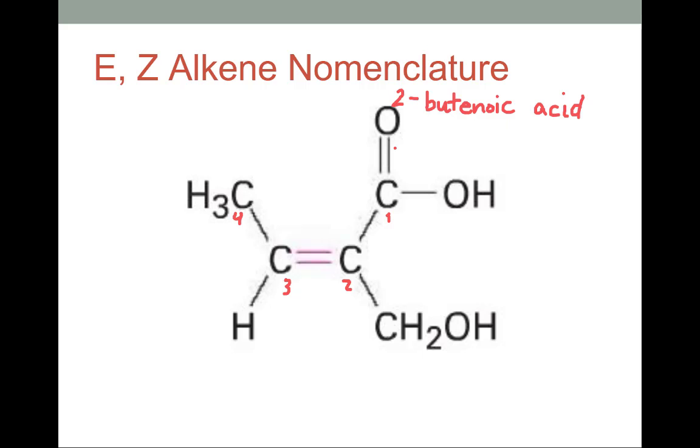The alkene is at position 2. And I have this gross substituent attached. There's no easy way to name this thing. The way it gets named is that it has a hydroxy group attached on what would have been a methyl group. So we call it a hydroxymethyl. Again, don't worry so much about the naming specifics here.